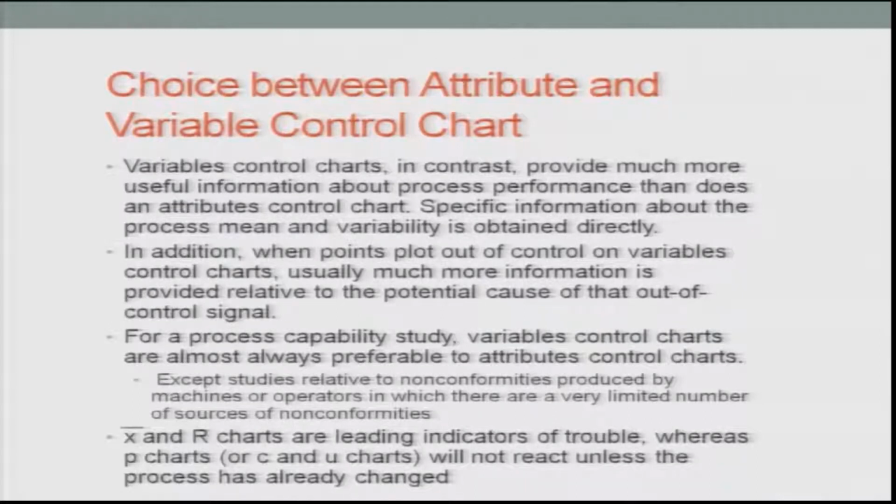X bar and R charts are leading indicators of trouble, whereas P, C or U charts are used for the attributes. As it reads, they would not react unless the process has already changed. So, they will continue to use the P, U and C charts for the attributes, and X bar and R charts, and also sigma charts, for the variable charts.